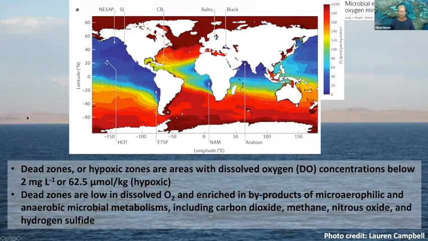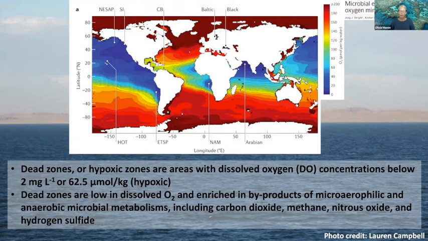So if we just step back for a minute and consider the global ocean, Lauren's already defined these, but dead zones or hypoxic zones are areas with dissolved oxygen concentrations below 2 mg per liter or 62.5 micromoles per kilogram. Dead zones are low in dissolved oxygen, but they're also enriched in the byproducts of microbes, right?